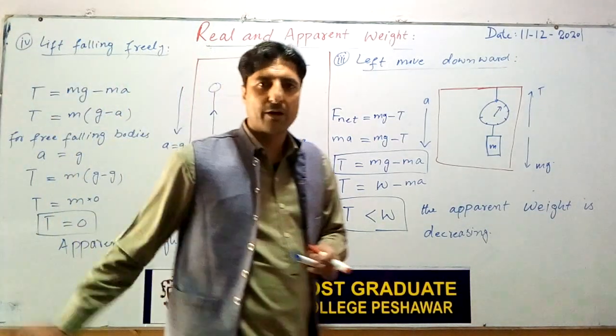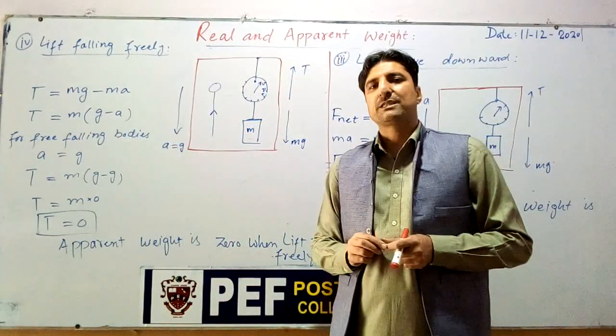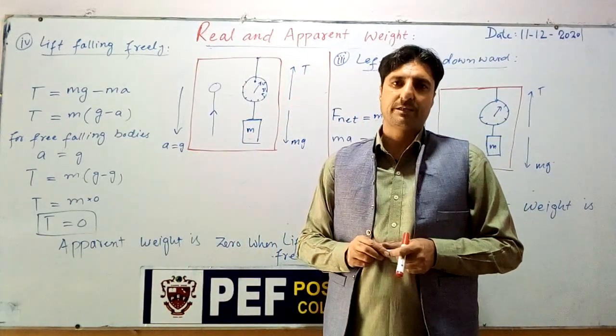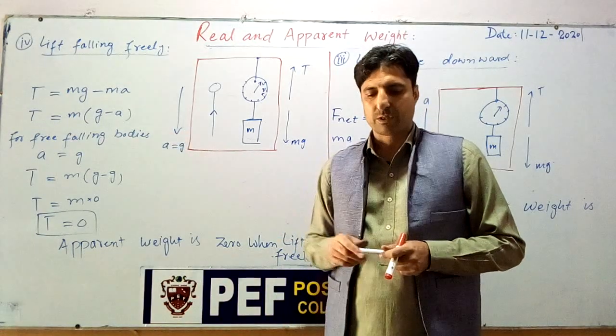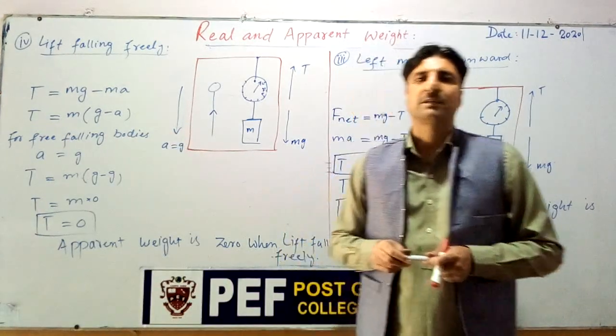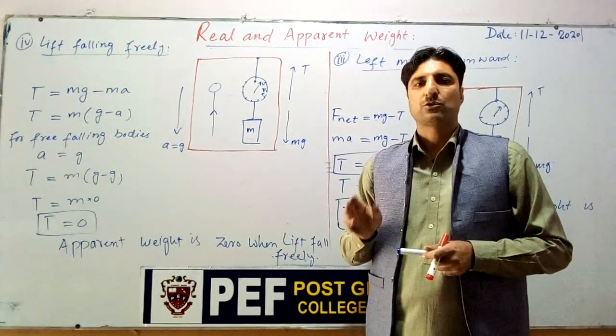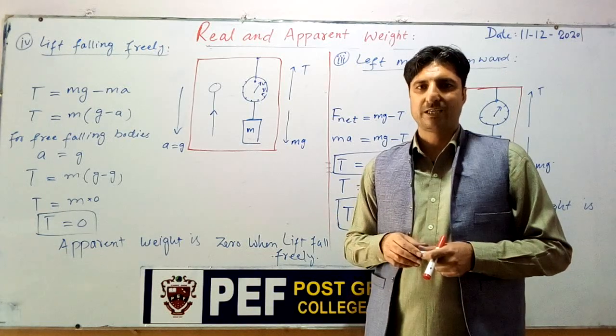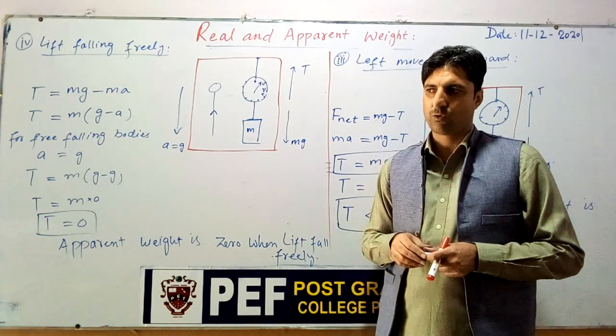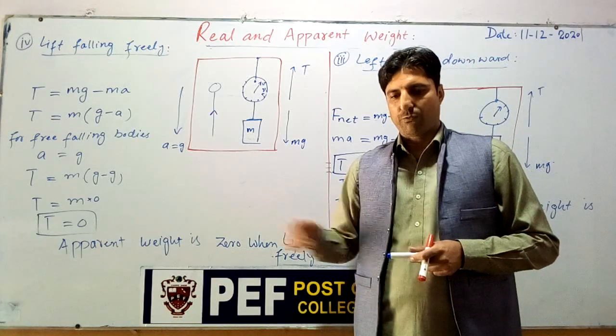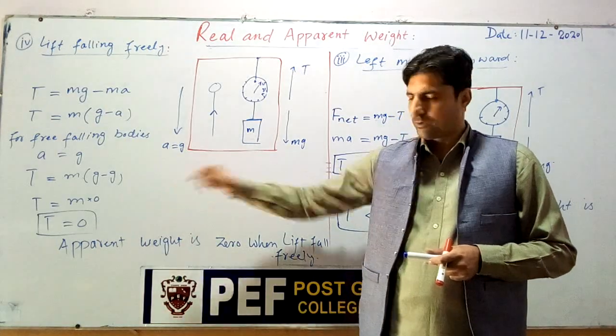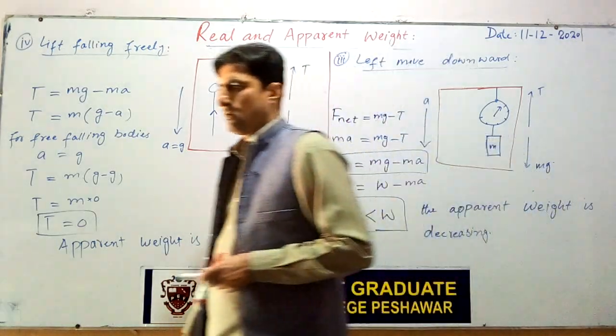So dear student, from this equation, it is clear that free falling bodies are weightless. You can put the value of a, which is g for a free falling body. So T equal to mg minus ma will become 0. So free falling bodies are weightless.